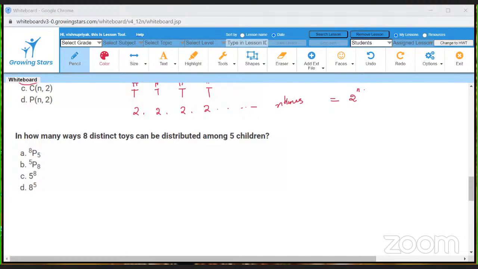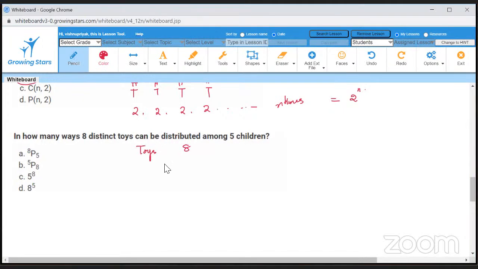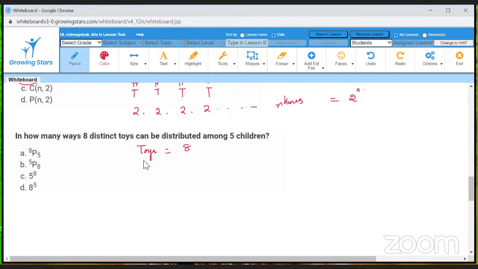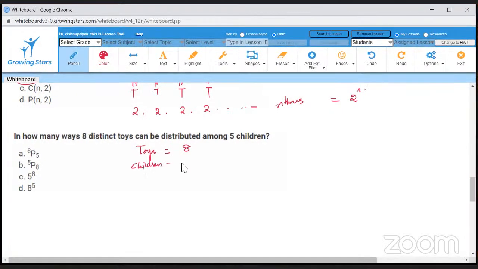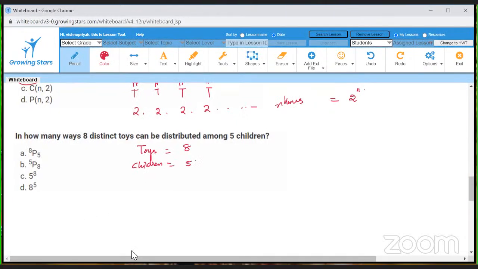So the number of toys is 8. Total you have 8 toys, and the number of children is 5. They did not give you any condition, like one child should get only one toy. If some condition is given, we will think about that.